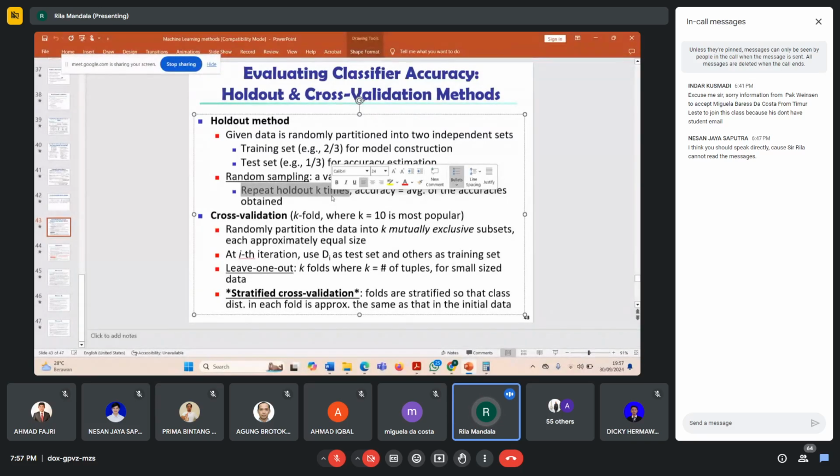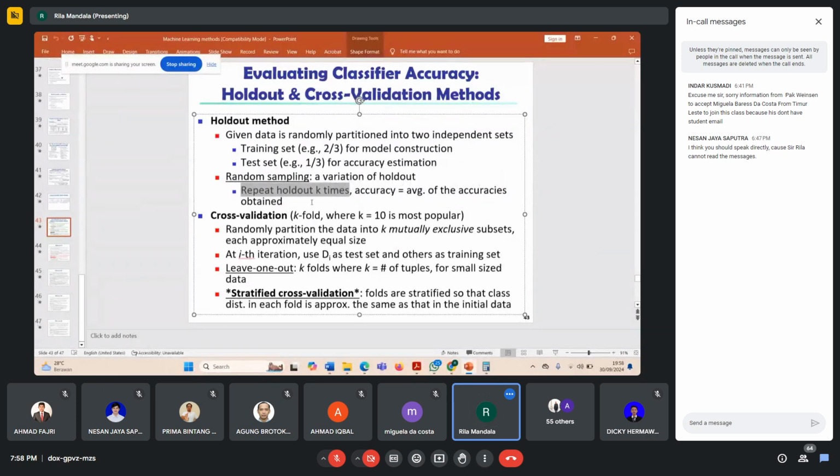The data set is still the same, but it is randomly chosen. So the training data of the first and second experiments will be different, and the testing data will also be different.